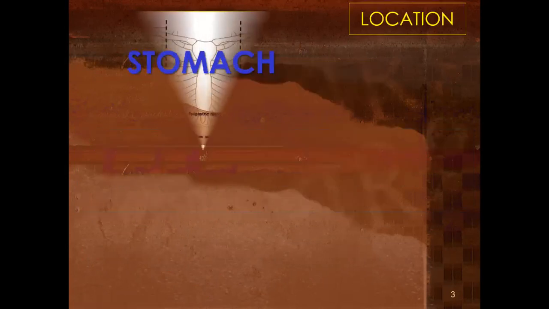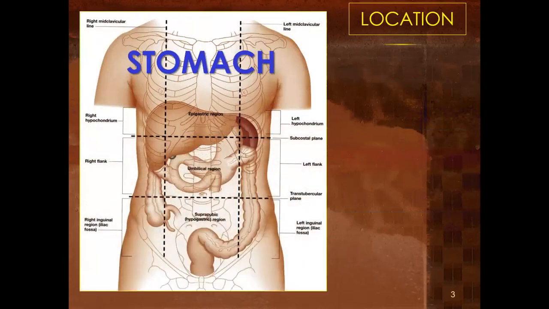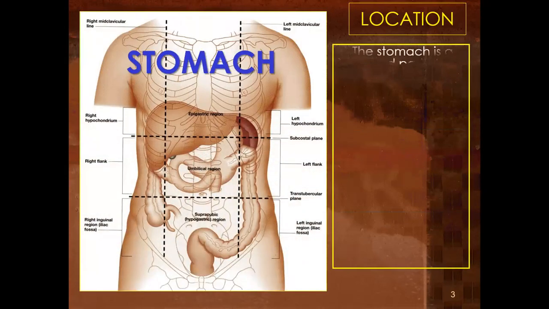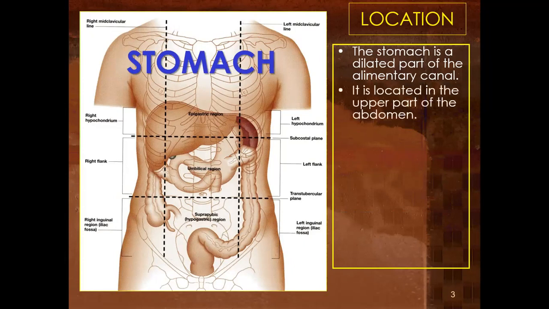Coming to the stomach, as you know, the stomach is a part of the alimentary tract, the gastrointestinal tract, and this is the most dilated part of the whole of the intestine. Here is the stomach. If you want to locate it, it will be in the upper part of the abdomen.